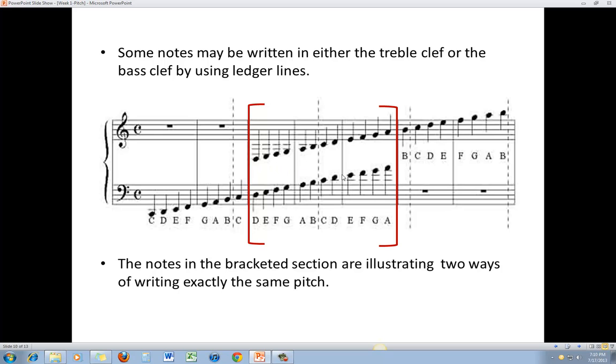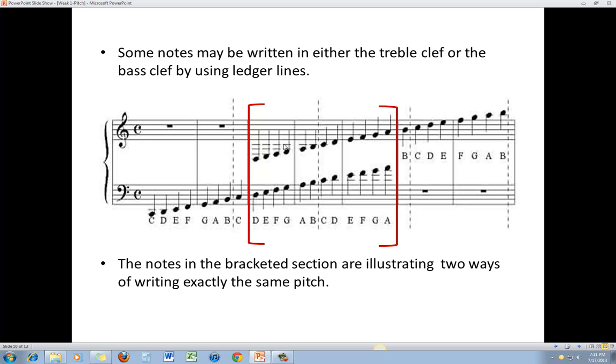One thing to remember is that the first ledger line here and here, this middle C, is one ledger line. So that ledger line represents middle C on all of these notes. The next ledger line is exactly the same as this first line in bass clef. This ledger line is the second line in the bass clef, and so forth.